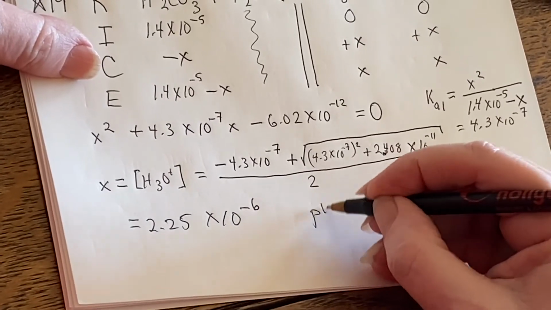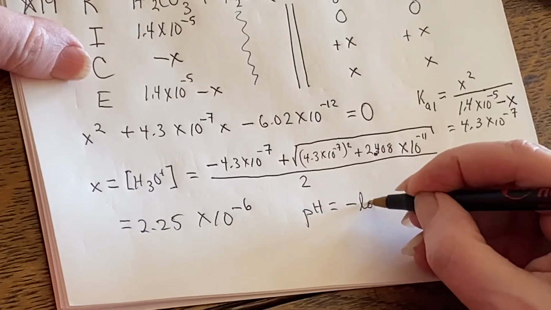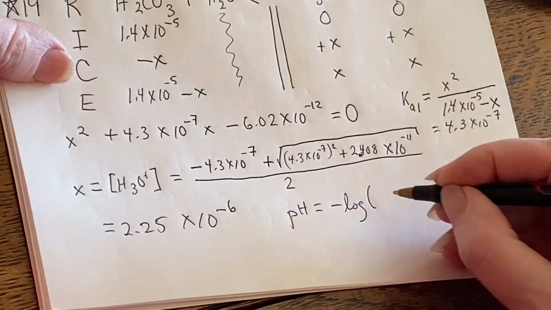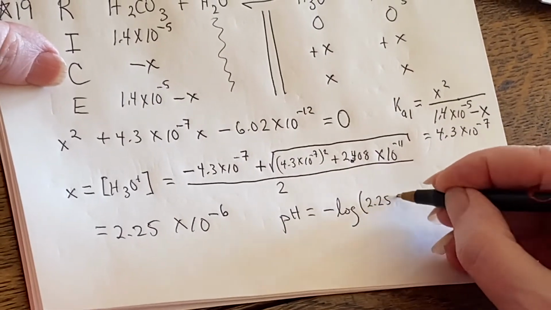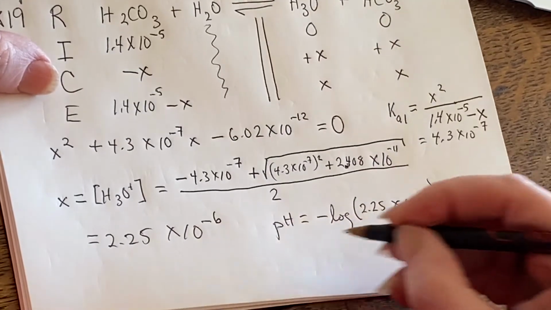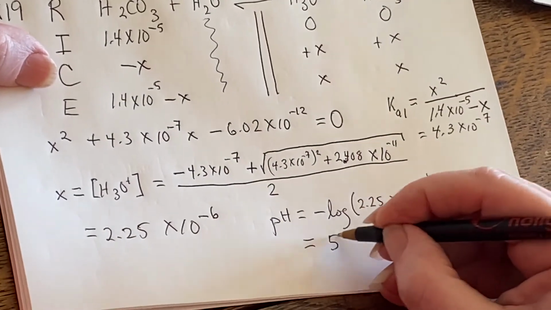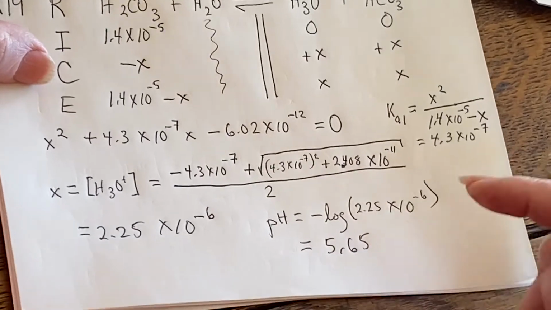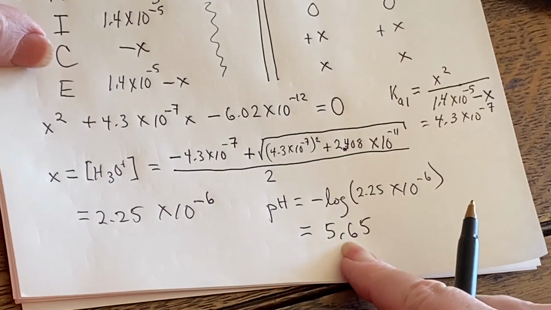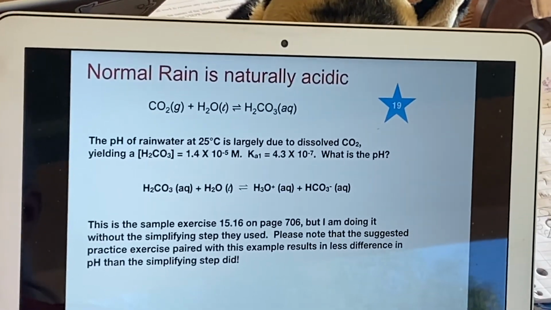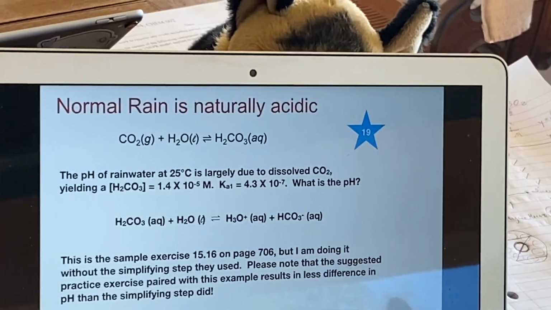So if I want the pH, it's minus the log of this. Which gives you a pH of 5.65, which is on the acidic side, which is what it should be.